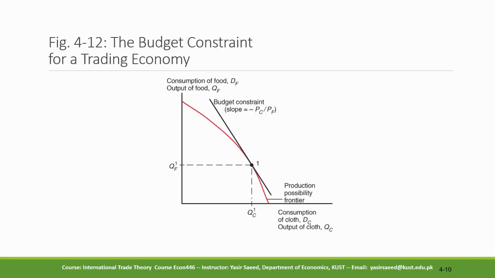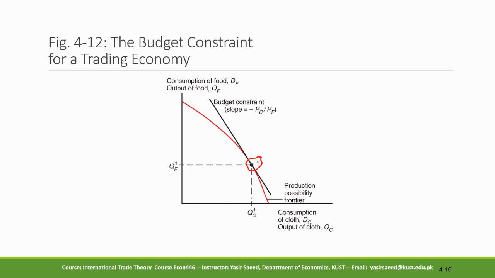Here is the graph. We are graphing the production possibility frontier with the budget constraint that we have just derived. Now look at the point equilibrium 1. This is how much we should produce for the given value, and we have discussed in lecture 1 why we should produce at equilibrium 1, because it gives us the maximum value.